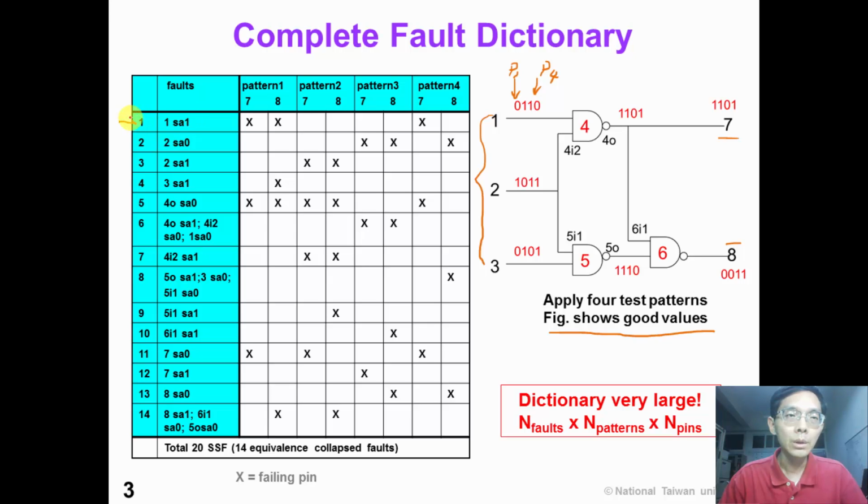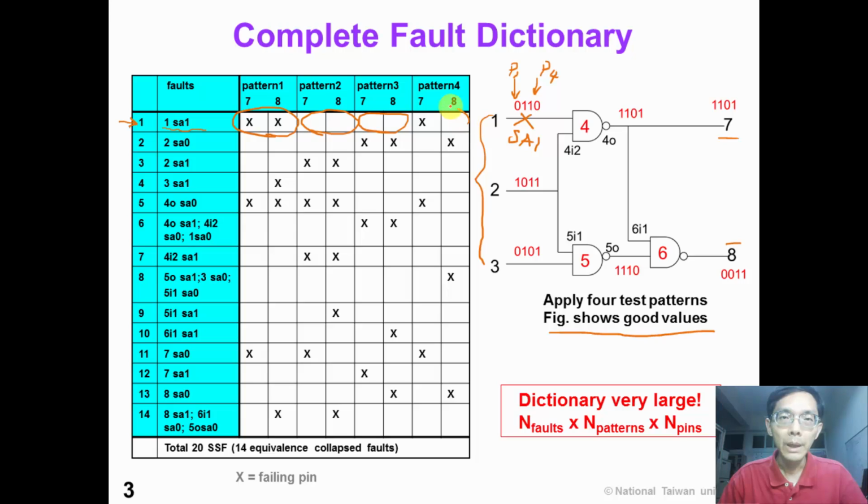For example, the first row represents the simulation failure for input 1 stuck-at 1 fault. If input 1 is stuck at 1, we would observe simulation failure at output 7 and 8 for the first pattern, but we will not observe any simulation failure for the second and the third pattern.